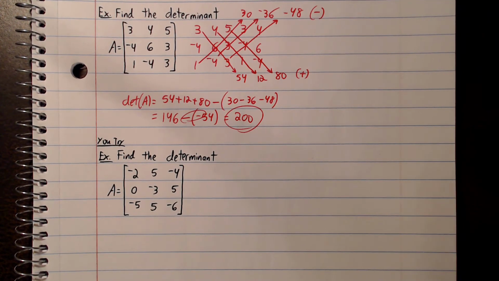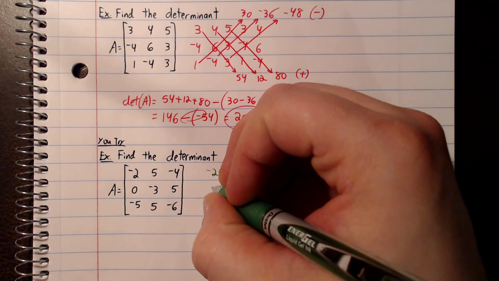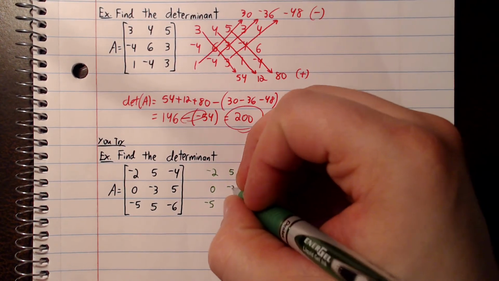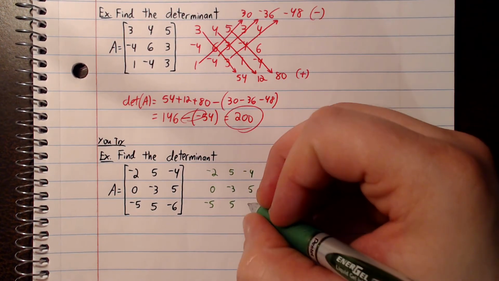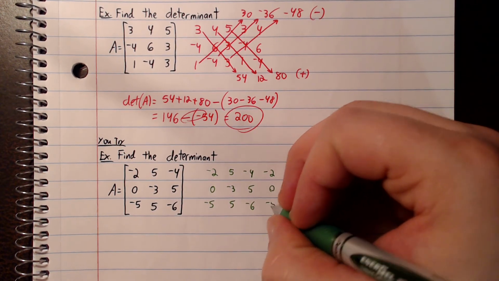Alright, let's do this. We want to rewrite this matrix. And then we're going to copy the first 2 columns.